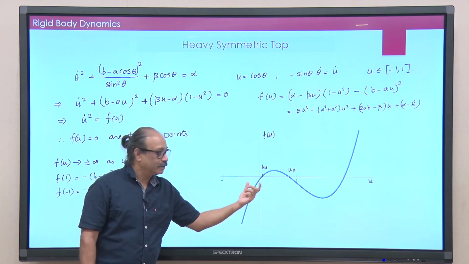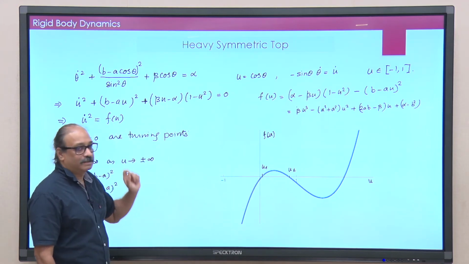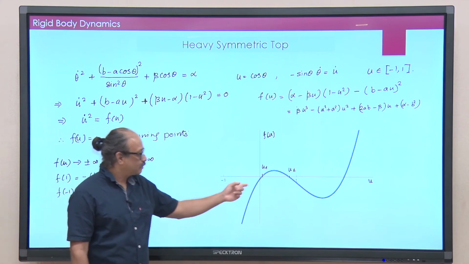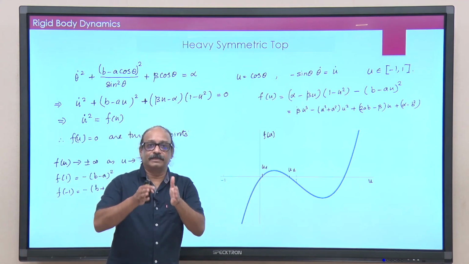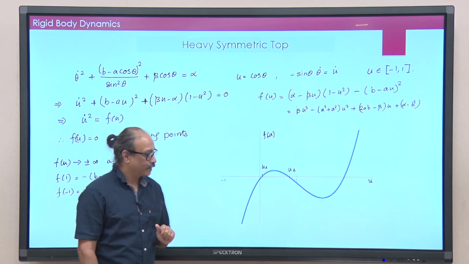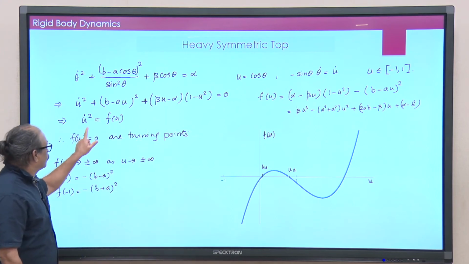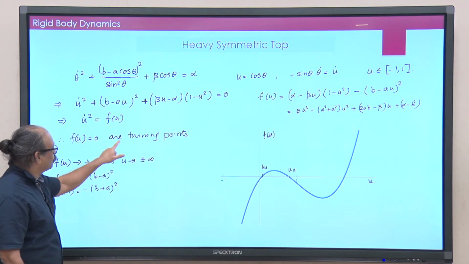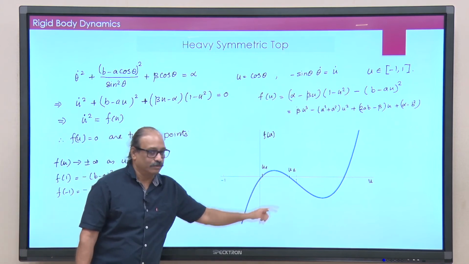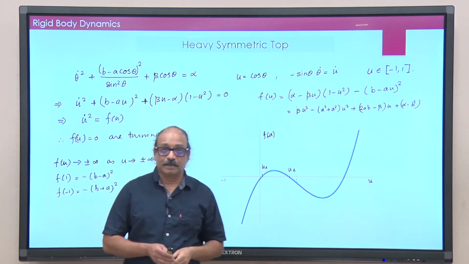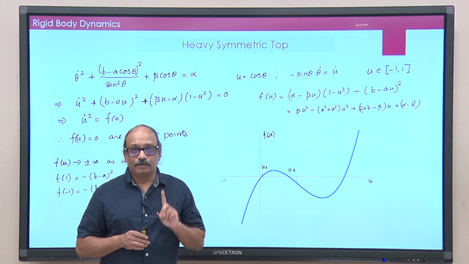So, your motion by virtue of this differential equation must remain restricted between u1 and u2, and that is why these 2 roots, the f(u) equal to 0 roots, are called turning points. So, remember, u is cos theta.